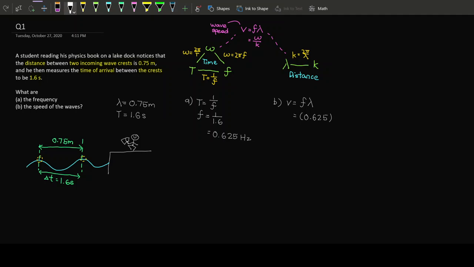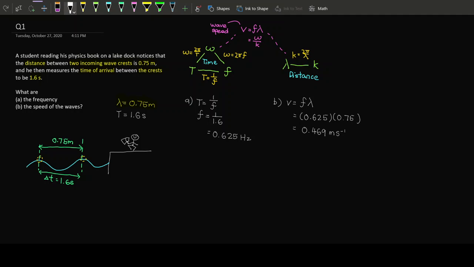For your lambda, you can take it from what we extracted from the question, 0.75. Therefore your answer will be 0.469 meter per second. That's it for question 1.